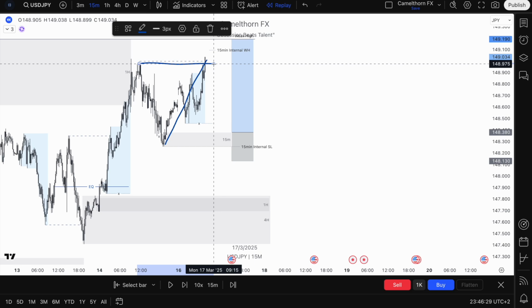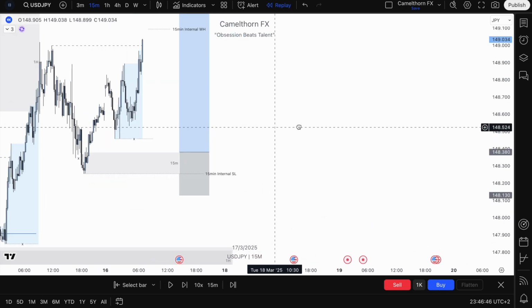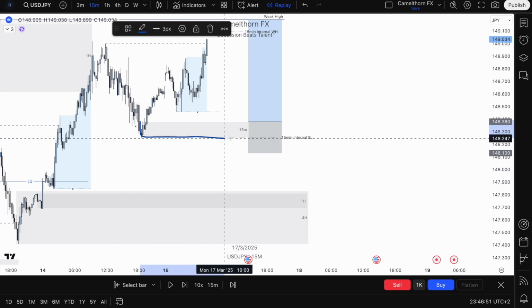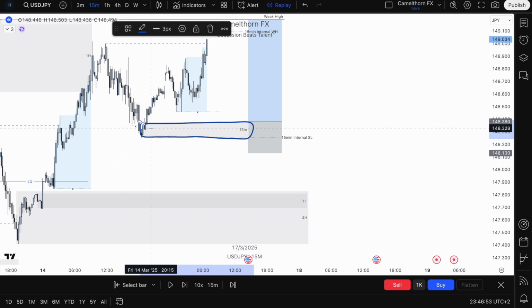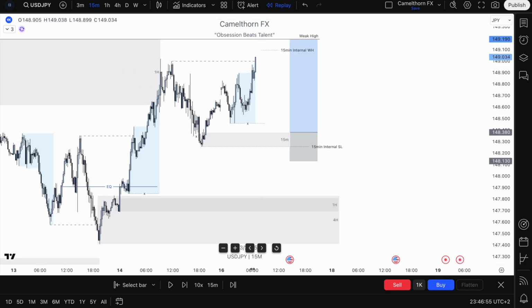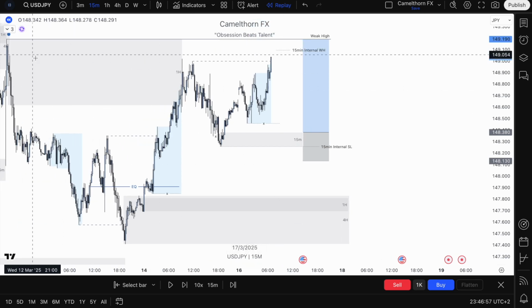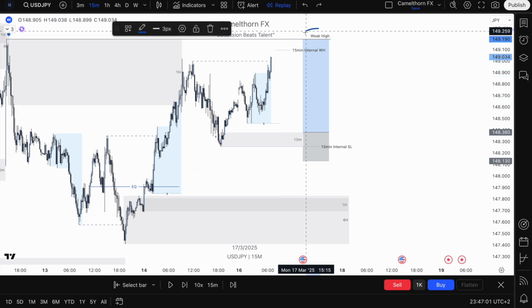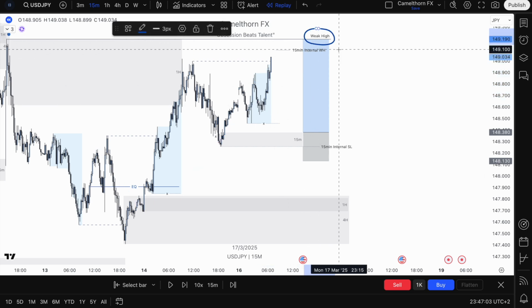to my charts on Monday, the 17th of March 2025, to perform my pre-market analysis. And what I saw was this 15-minute demand zone now represented a really nice buy opportunity to get involved in a potential resumption of this bullish 15-minute continuation phase, which would look to potentially target our 15-minute week high.